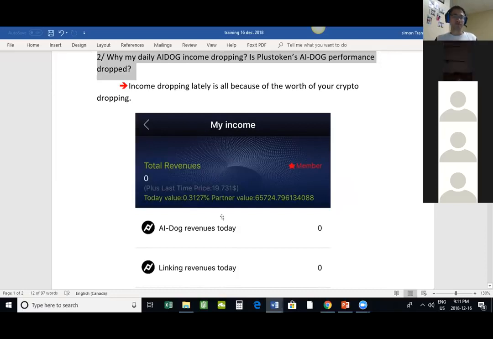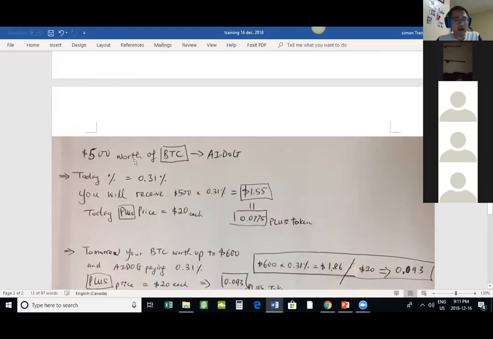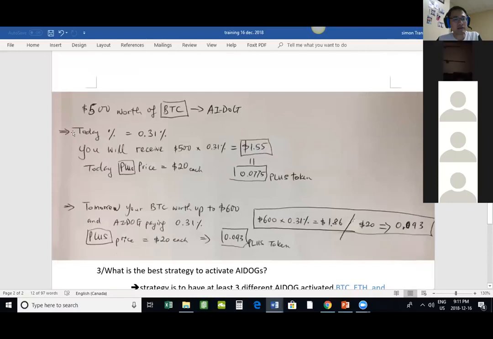Let me give you an example. If you have $500 worth of BTC, you can see the example here, and today the percentage is 0.31%, you will receive $500 worth of BTC multiplied by 0.31%, which gives you $1.55 US dollars.